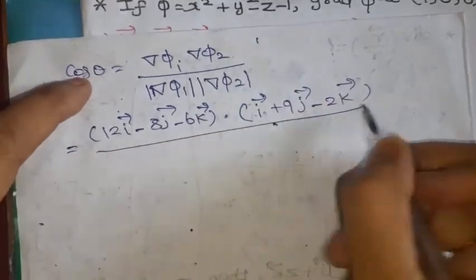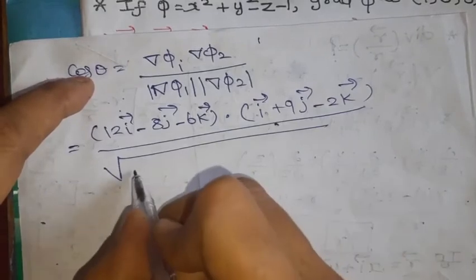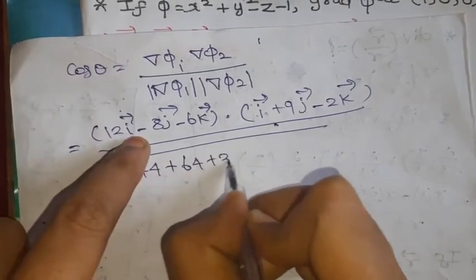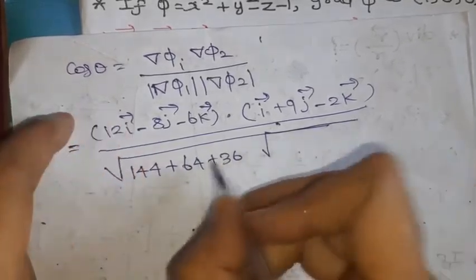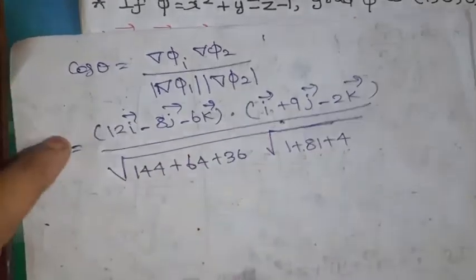So here we are going to find the modulus value. 12 squared is 144, plus 64, plus 36. Again, 1 plus 81 plus 4.